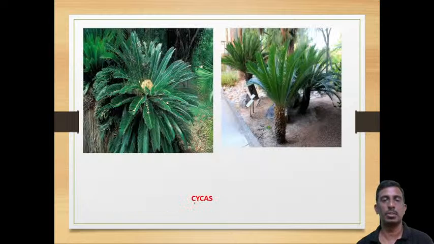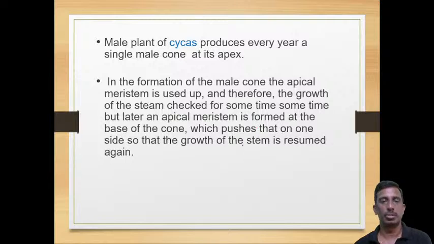So you can see Cycas, male and female plants, as it is dioecious. Every year the male plant will produce one single male cone. Okay. The male cone is produced from the apical meristem. Due to this, the growth of the stem is checked.